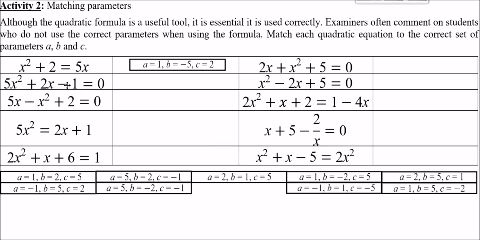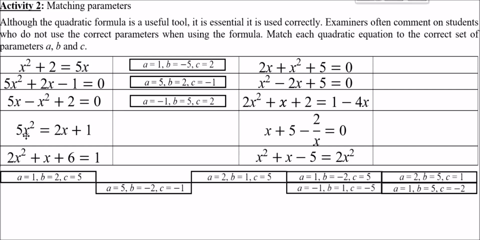This one here is nice and easy. We have 5, 2, and minus 1, which is this one here. Next up, we have minus 1, 5, and 2, so it matches to this one here, which is minus 1, 5, and 2.